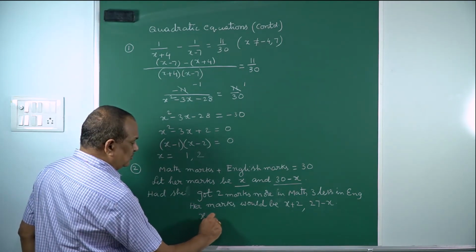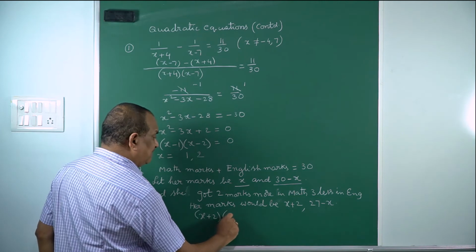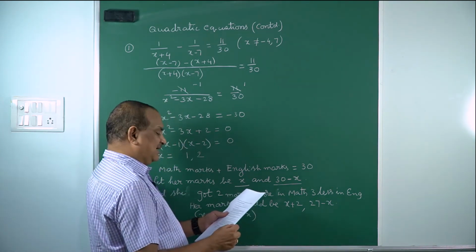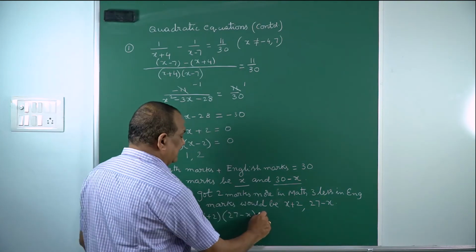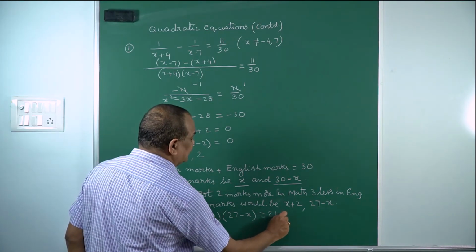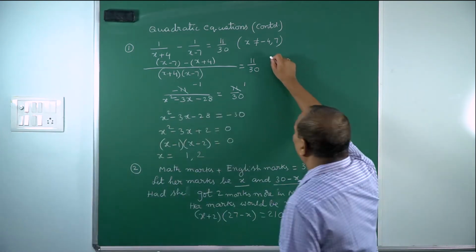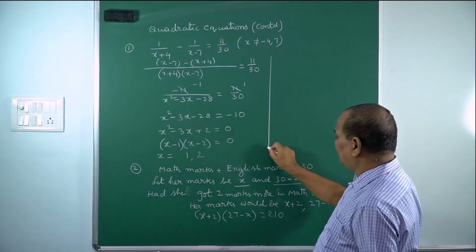X plus 2 multiplied by 27 minus X, and the product would be 210. You have to solve this quadratic equation. Now shall we multiply them? I am doing the continuation here.